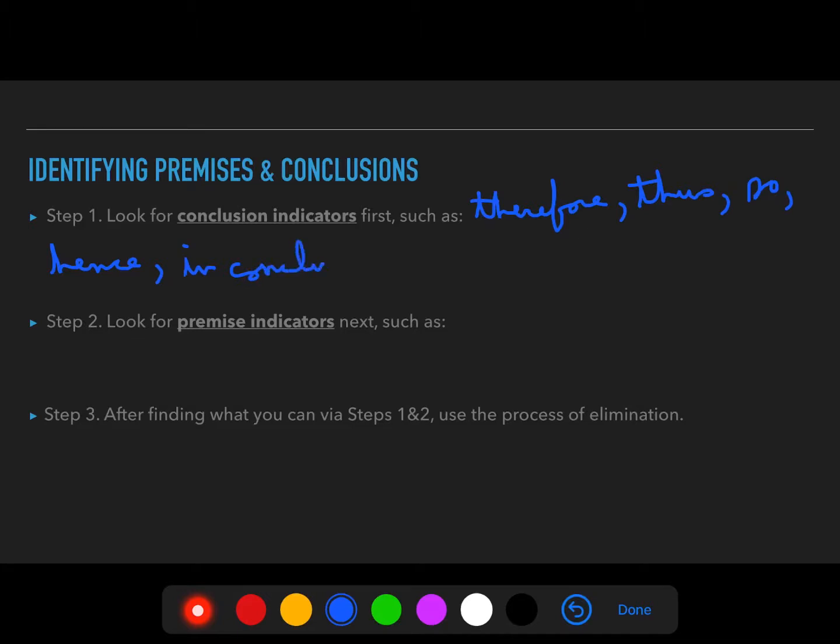So in conclusion, proves or establishes or shows, then you're probably going to be getting a conclusion after that.